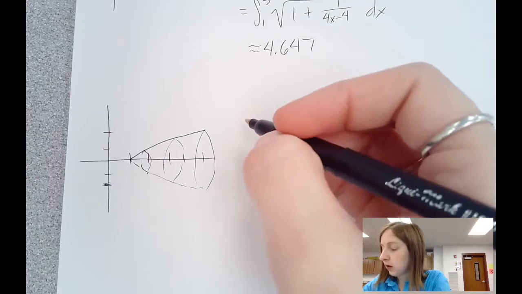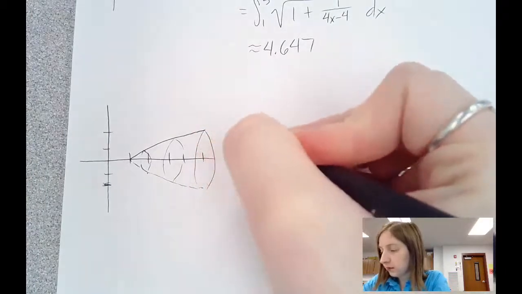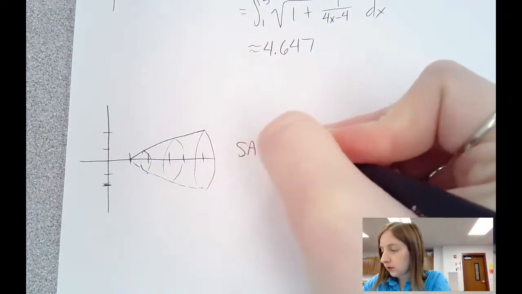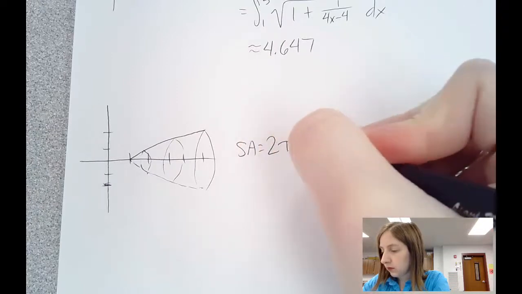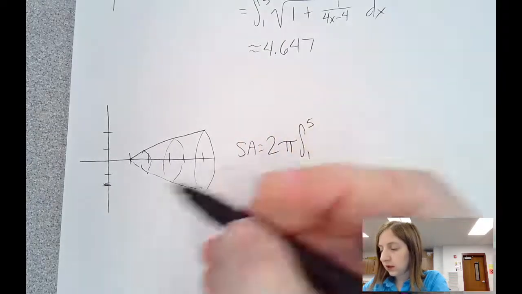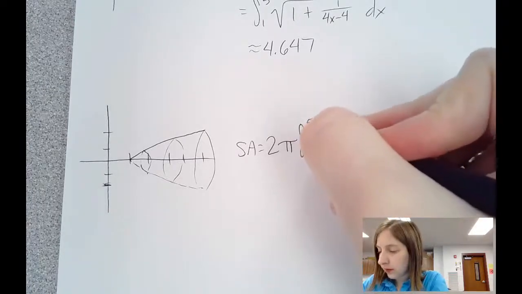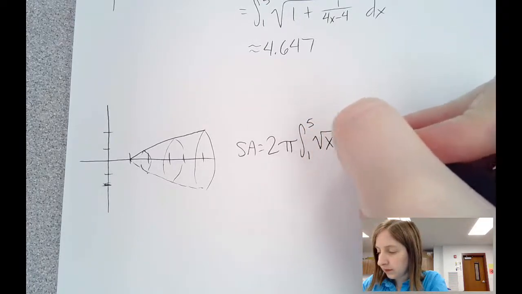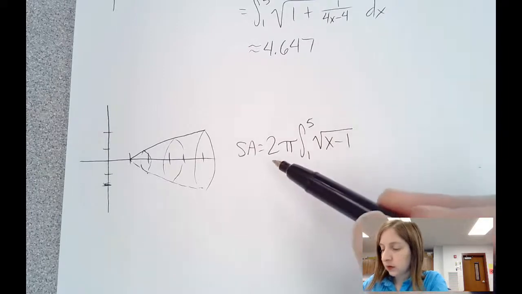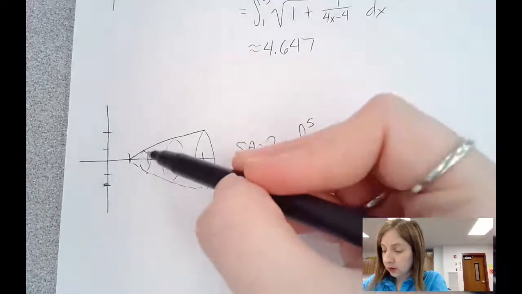Okay. So for surface area, again, we're still going 1 to 5 of 2 pi r, this is our radius all the way out.